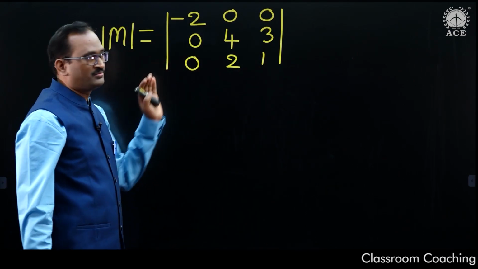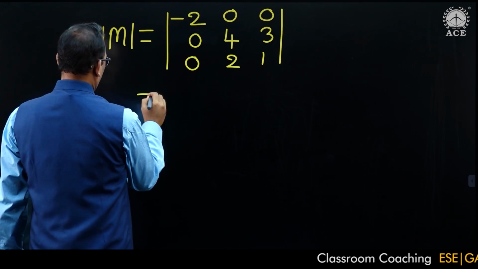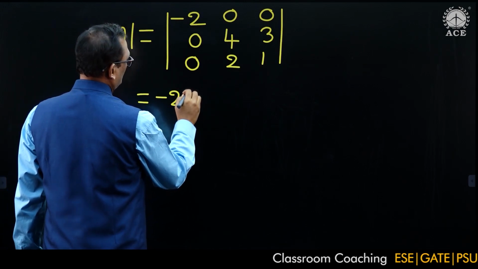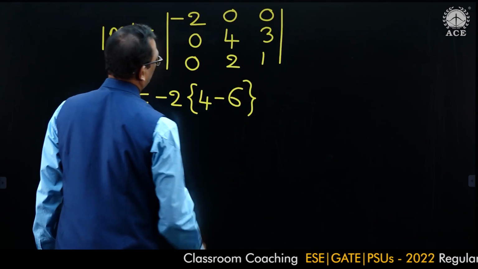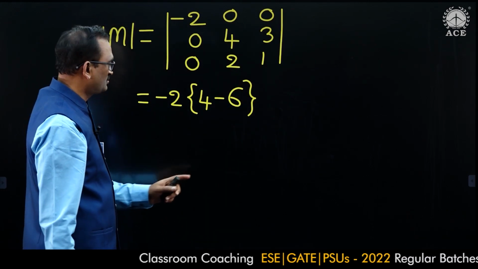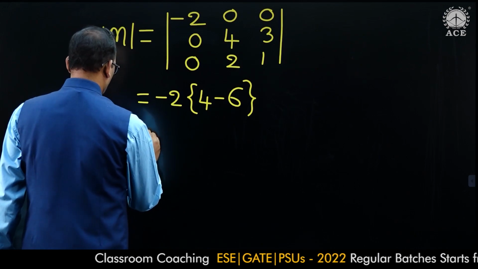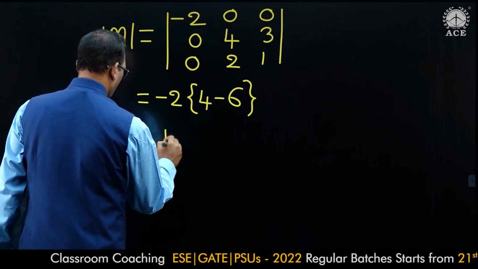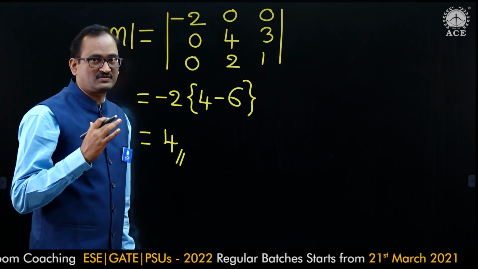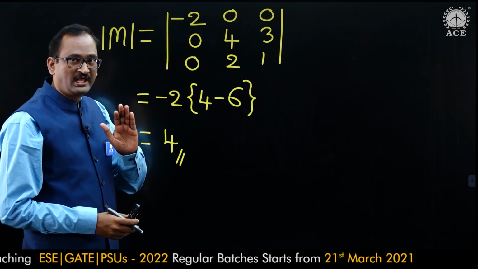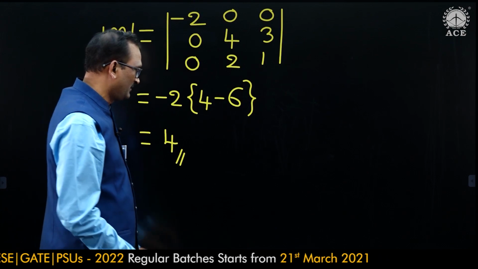The determinant of this matrix is minus 2 into 4 minus 6, remaining elements being zeros. That is minus 2 into minus 2, that is plus 4. Therefore, the determinant of the matrix is plus 4. We can do it like this also, another method.